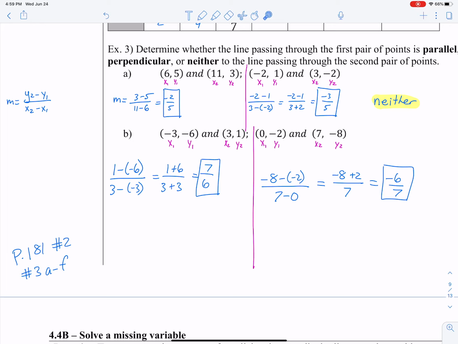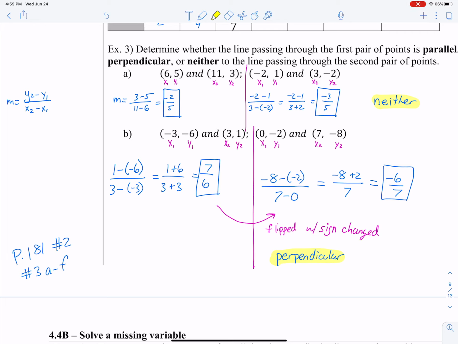So if I look at these two, 7 over 6, and this one is flipped, 6 over 7. This is positive, and this one's negative. So from here to here is flipped with the sign changed. So that means that it is perpendicular. That's my final answer.